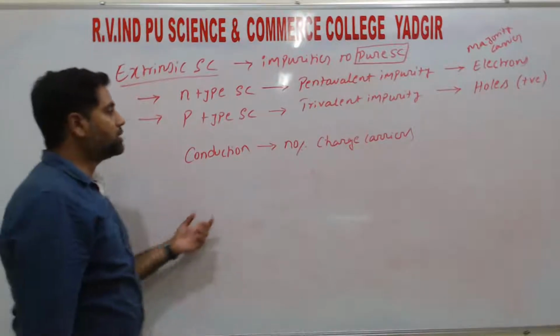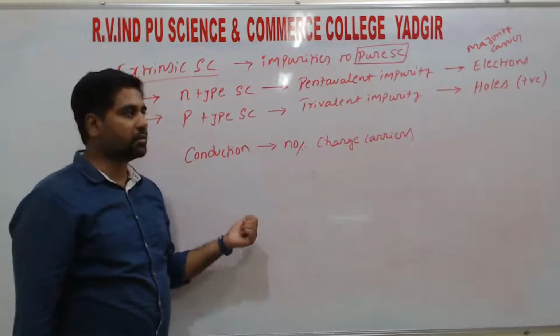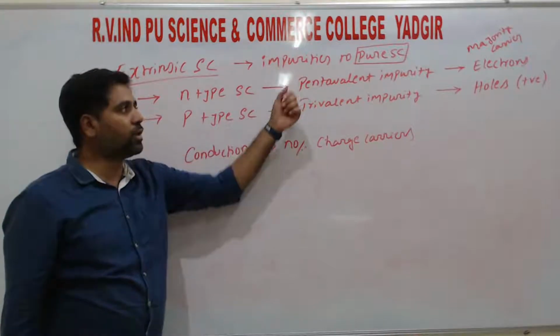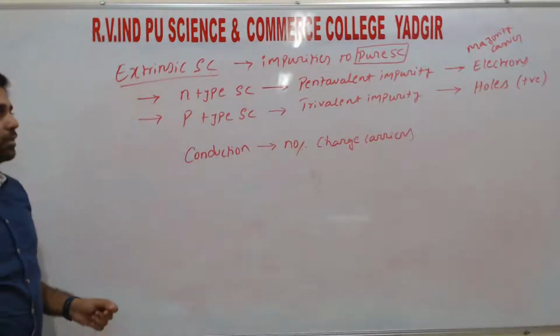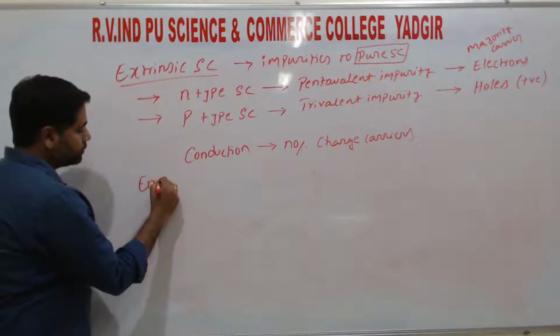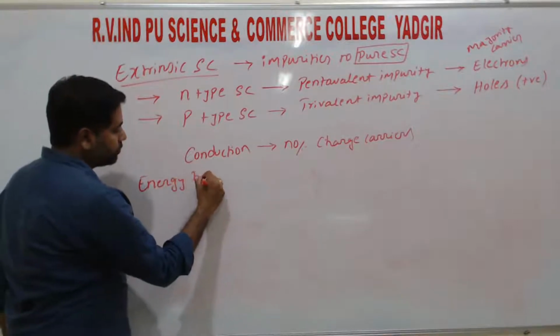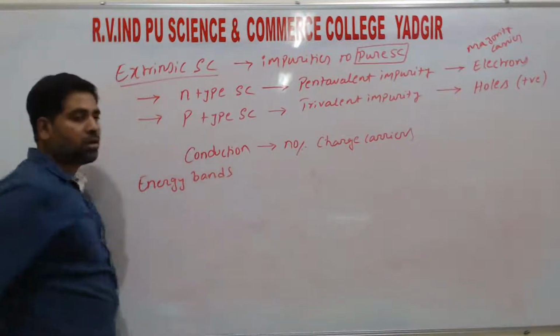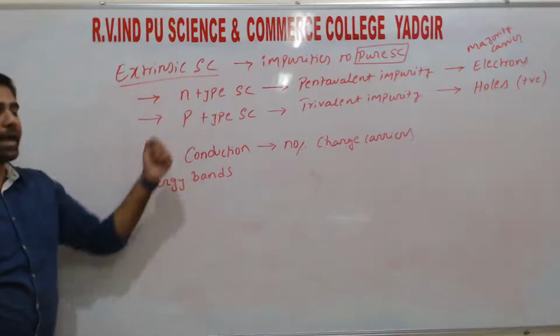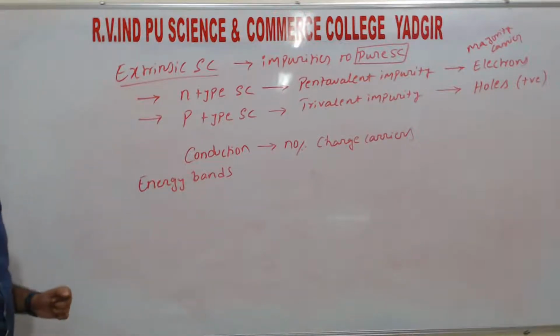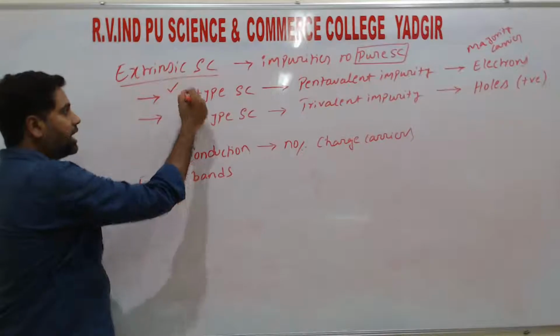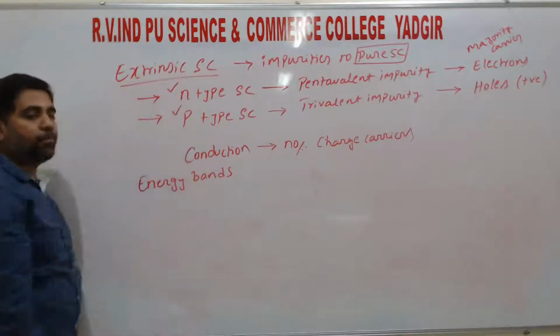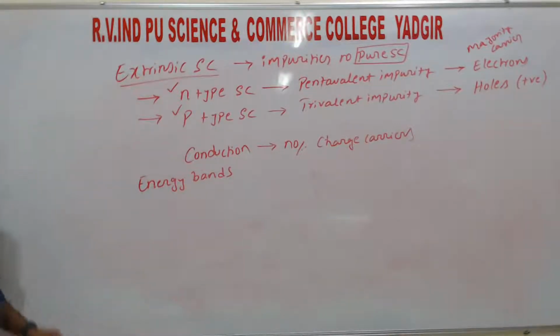Next, as the number of charge carriers increases and we are adding the impurities to the pure semiconductor, the energy bands get altered because we are adding the impurities. So what happens to the energy bands in N-type semiconductor and in P-type semiconductor, right?